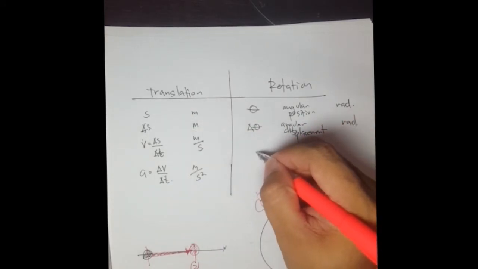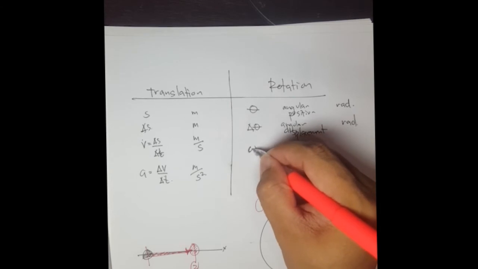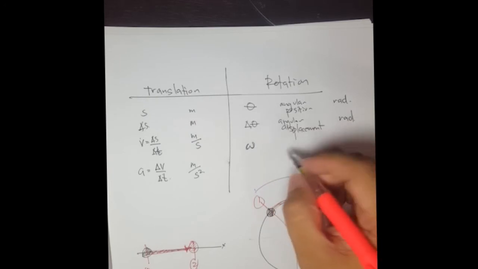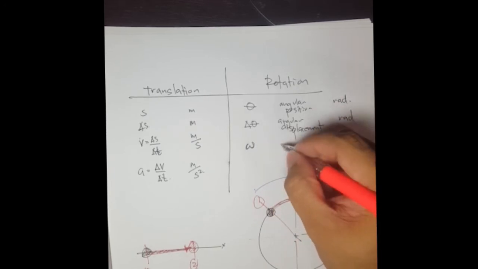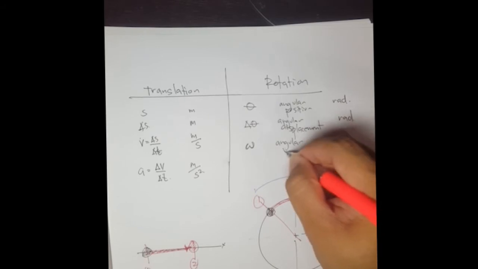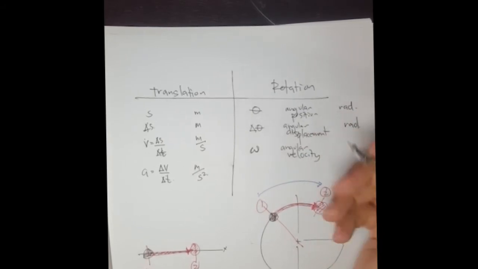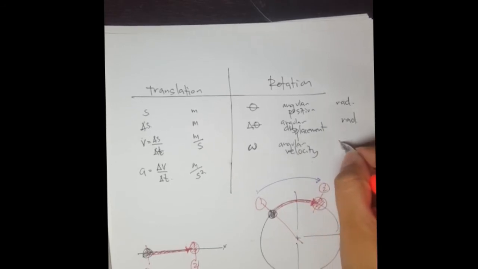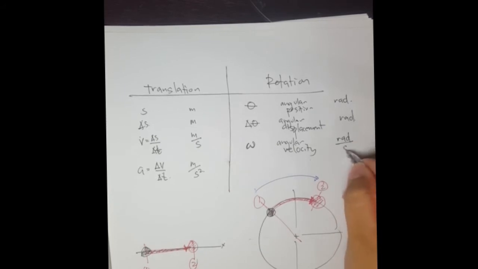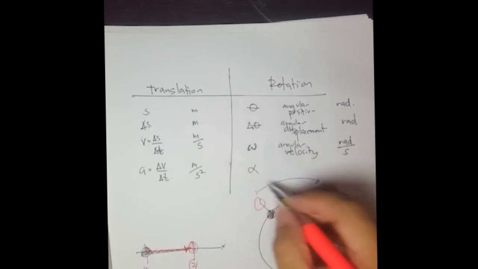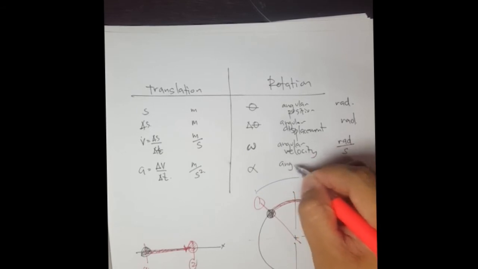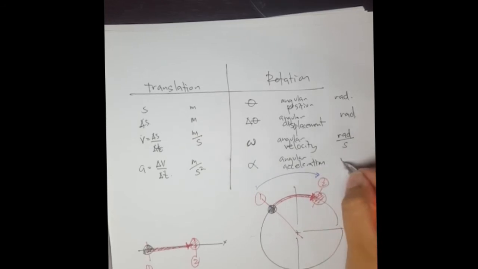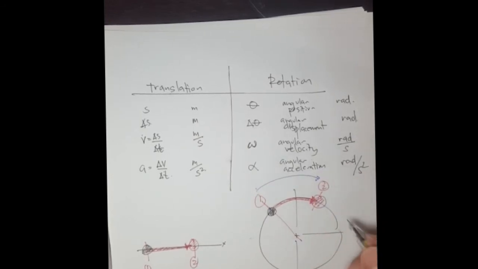But for rotation, the symbol we use is this curly W, omega, and we refer to that as angular velocity. Since it's the time rate of change of the displacement, the unit would be radians per second. And for acceleration, we have alpha, which we refer to as angular acceleration, and the unit is radians per second squared.